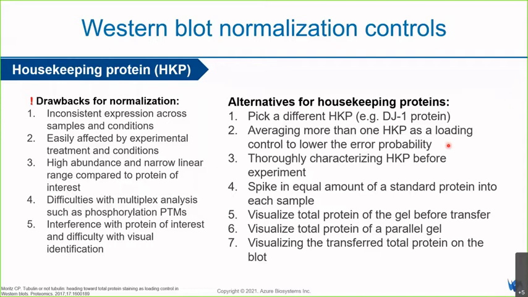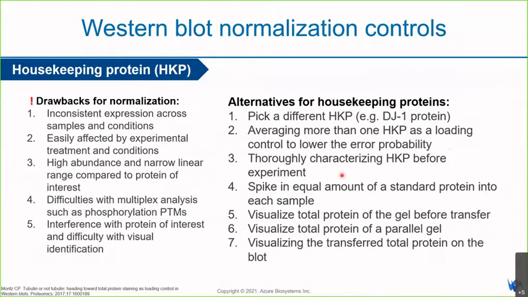And in choosing another housekeeping protein, there are more considerations in optimizing it. For example, what is the protein that you're going to choose? What is the antibody you're going to buy, primary and secondary antibodies, that do not conflict with your existing Western blot protocol?